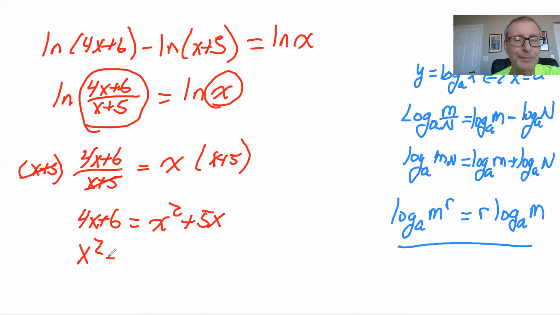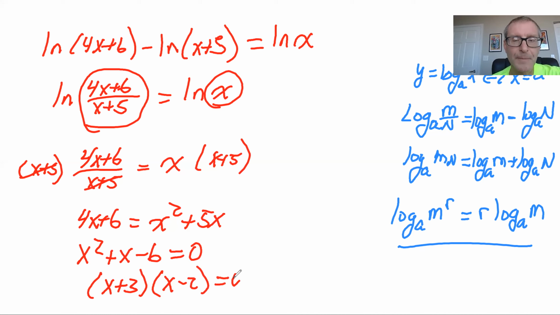Bring everything to one side of the equal sign, bring the 4 over. 4 minus 5 is minus x. And then this plus 6 turns into minus 6 when we bring it to the other side. And again, strategically set up where we could factor it. So we have x equals minus 3 or x equals 2.